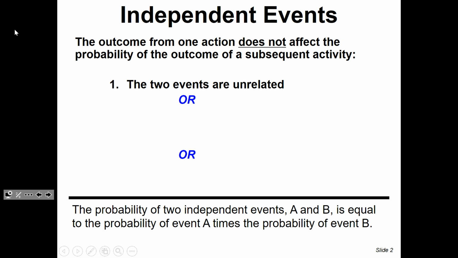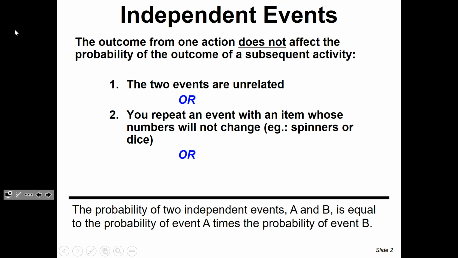Okay? The second that could indicate that you're looking at an independent event would be that you repeat the exact same event with an item whose numbers don't change. So maybe they say, what's the likelihood of you rolling a dice 2 times in a row and getting a 6 both times?